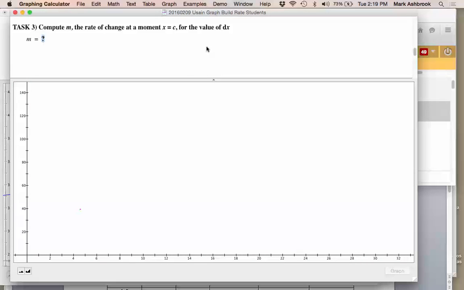Third task then is to write the formula based on those 2 correspondence points that will calculate m. Then you can go back to the slider and change c and change dx, and it'll tell you m. That's how you're going to finish building the table. Questions on the graphing calculator 3 task deal? Okay, here we go.